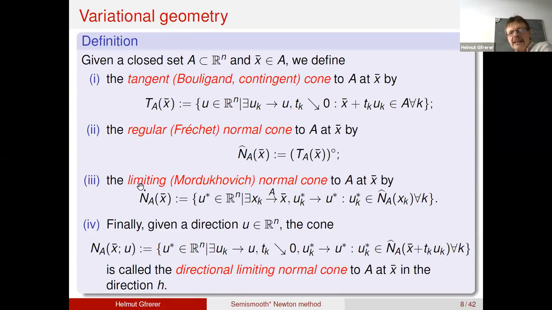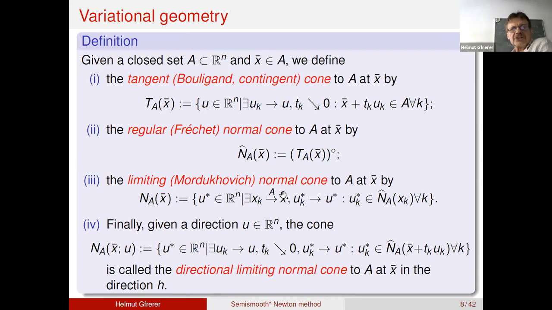Then you have here the limiting normal cone, which is given by elements u star which are the limit of regular normals at points x_k converging to the point x bar under consideration. And if we restrict this limiting procedure to some directional limit, then we obtain the so-called directional limiting normal cone to the set A.